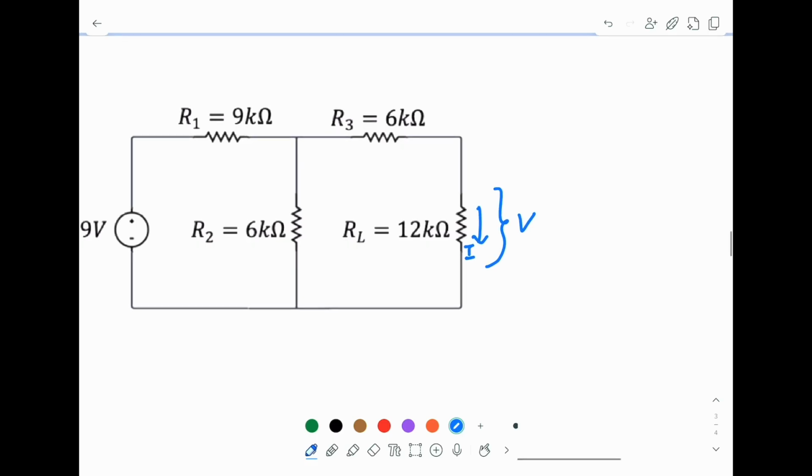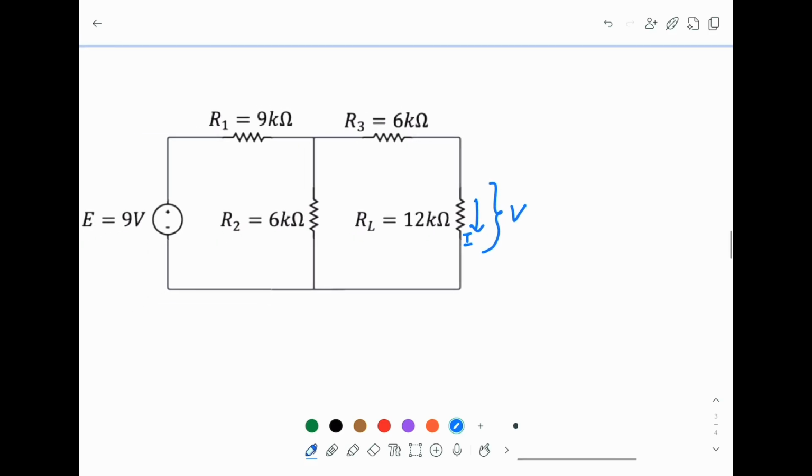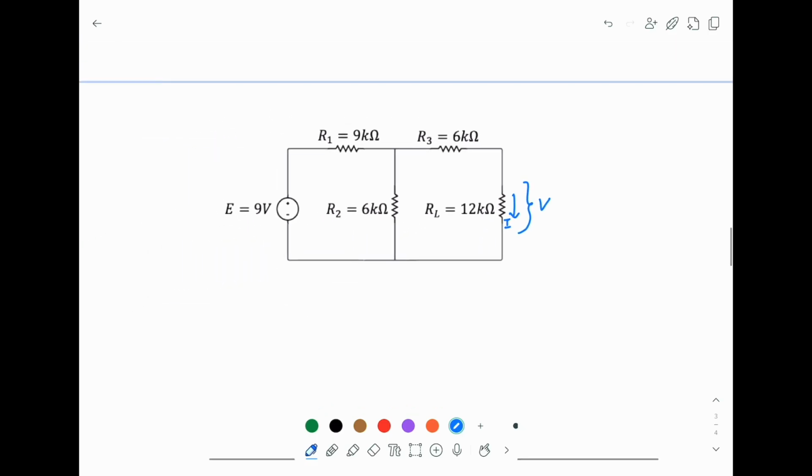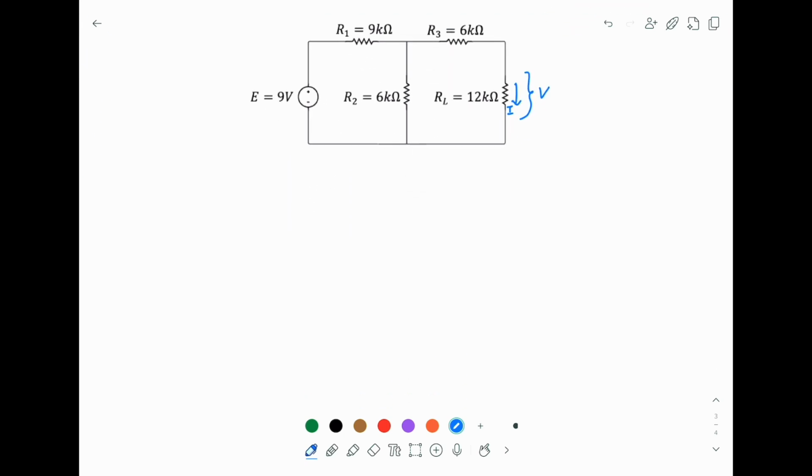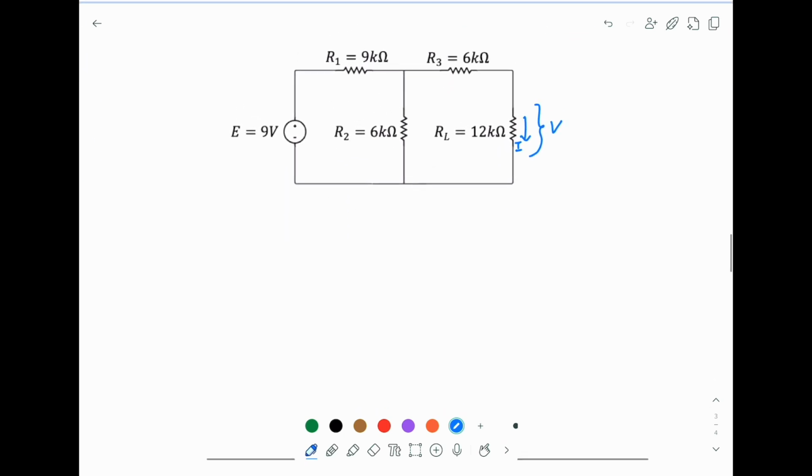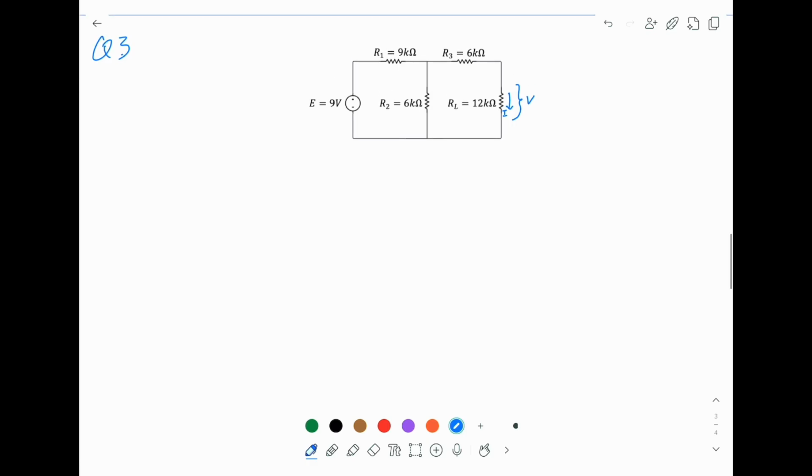Now, in the Thevenin method, we replace the outside part with a potential divider. In the Norton method, we replace the outside circuit with a current divider. So this time, instead of a potential source, we need to find a current source.